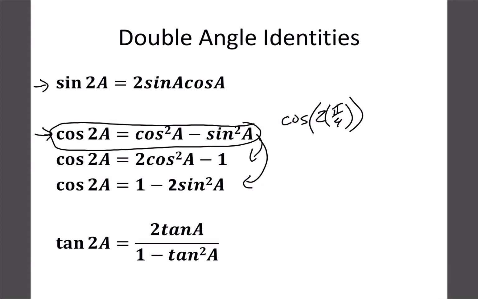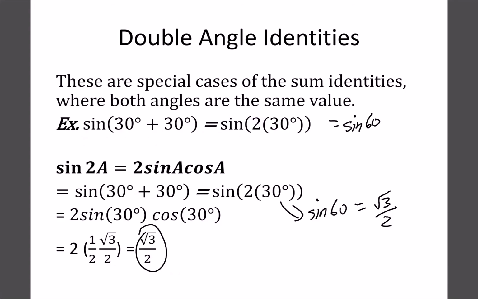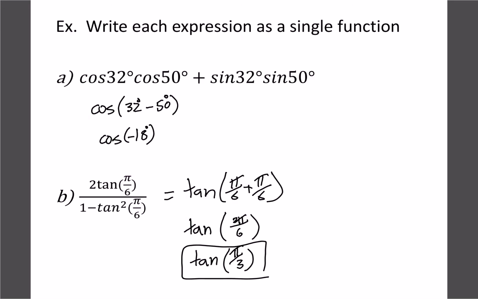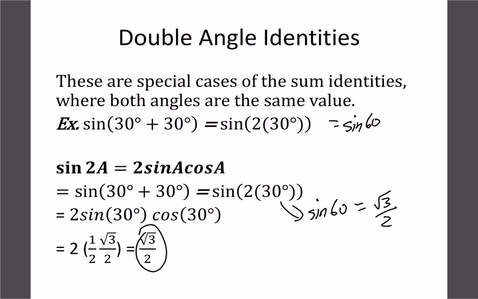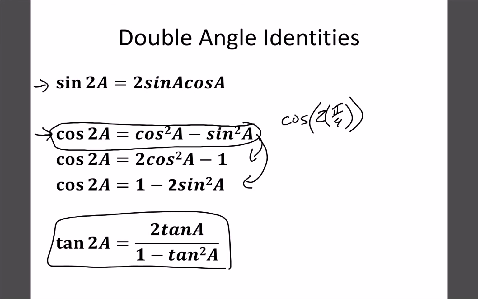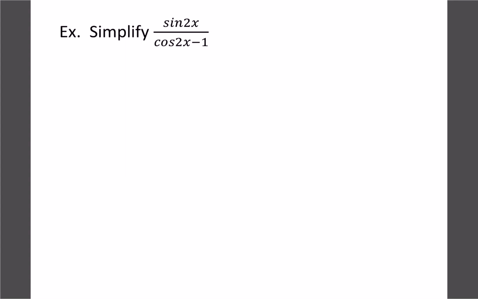Put the two together, we could get any of the other two forms. And the last one, the tan one, is exactly the same as our last answer: 2 tan pi over 1 minus tan squared. So that's our double identity for tan. These double identities are just simplified versions of the sum and difference ones.